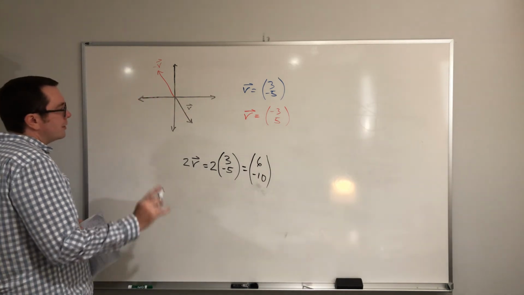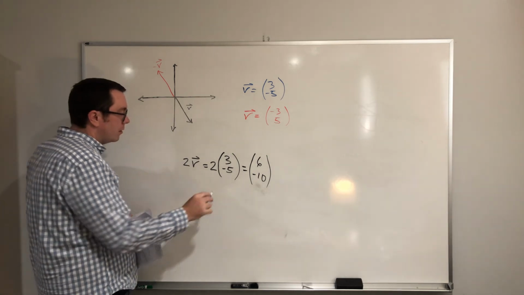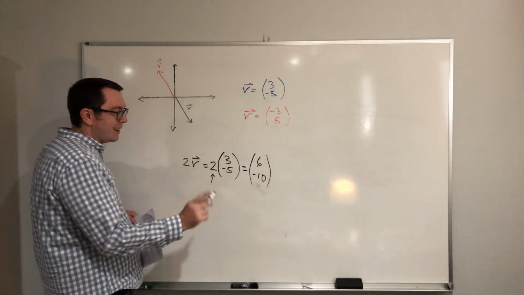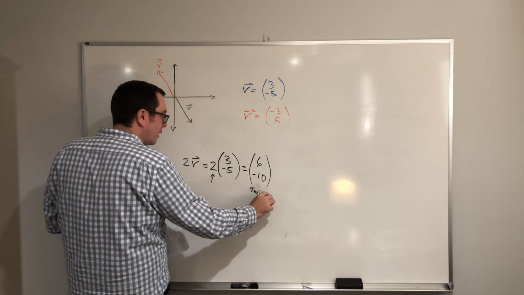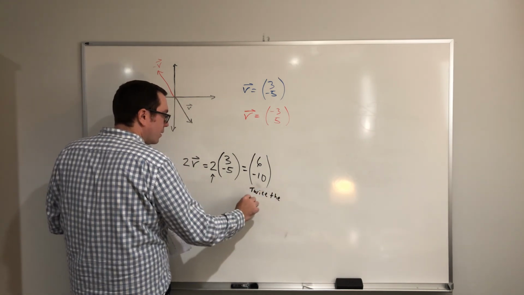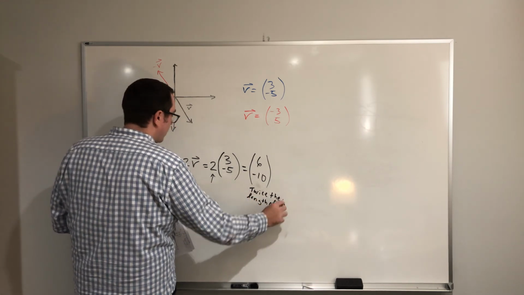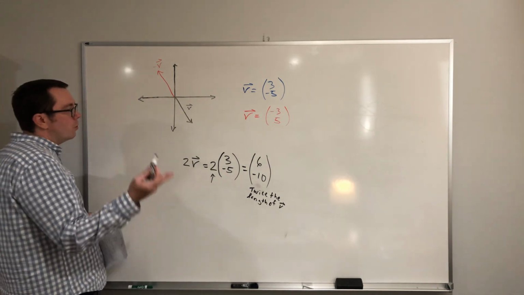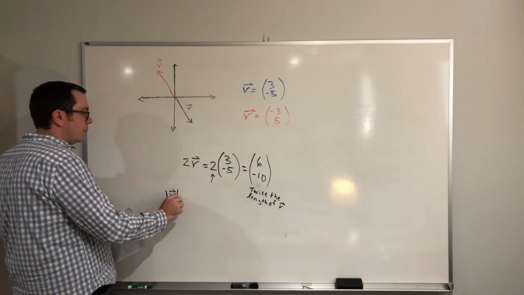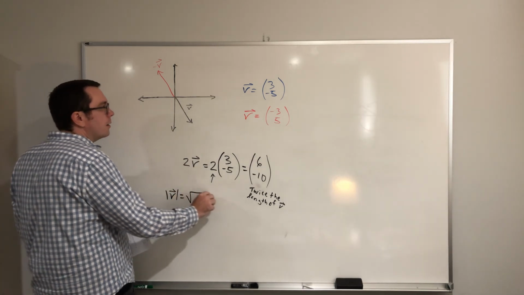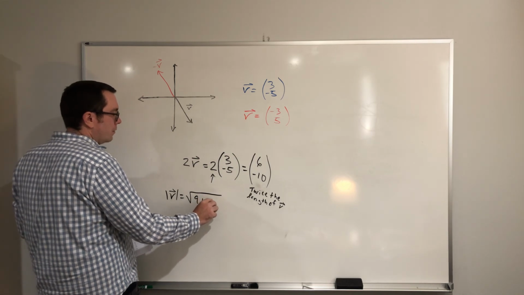Now, what you would see if I were to graph this is that it's literally twice the length of v. In fact, if we were to calculate the magnitude of v, if you don't believe me, 3 squared is 9, negative 5 squared is 25.